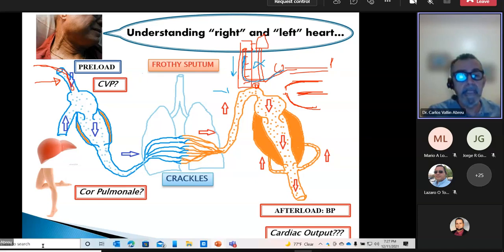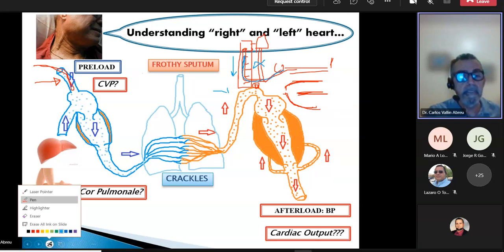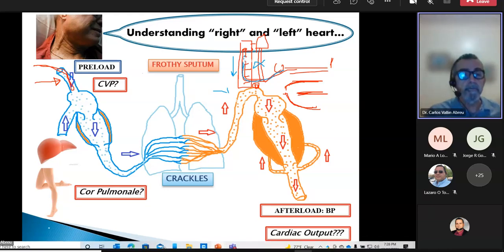When it stops and doesn't descend anymore, you measure how many centimeters the column of liquid reaches, and you say this is the central venous pressure, the moment in which the pressure of this column of liquid equalizes the pressure that is in the superior vena cava, and it's called central venous pressure.